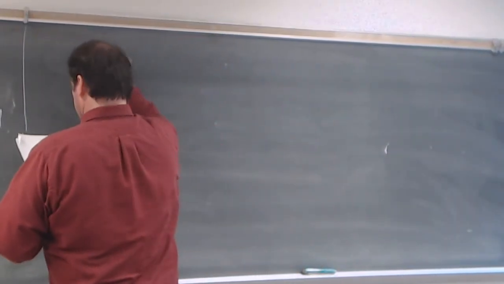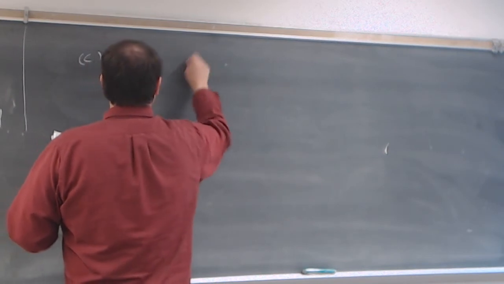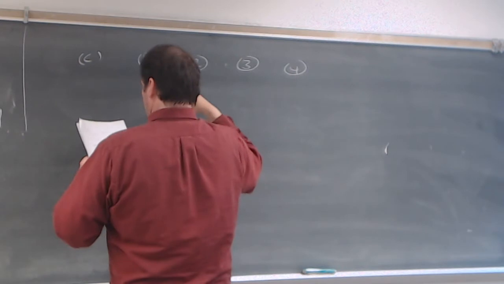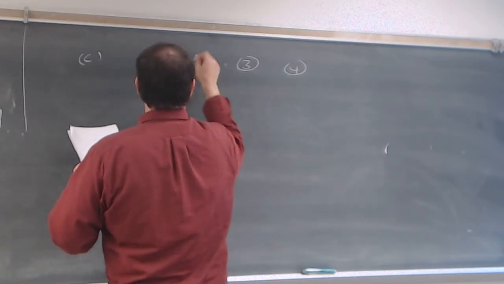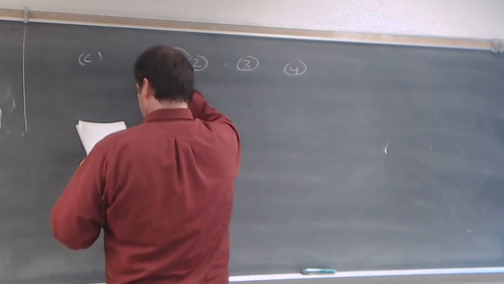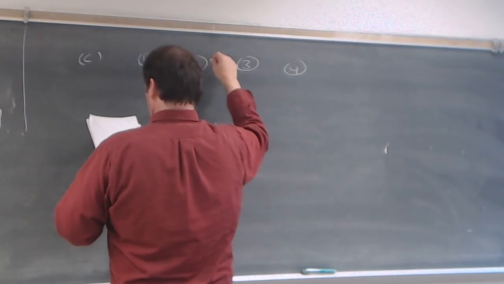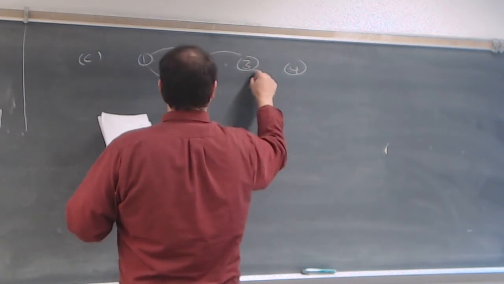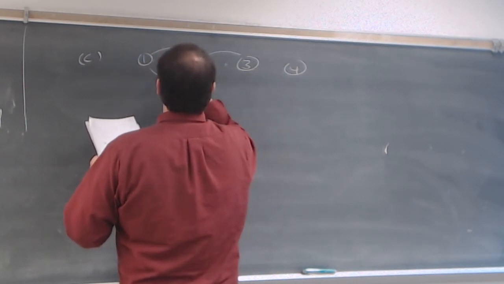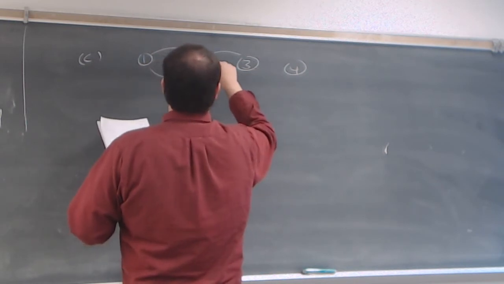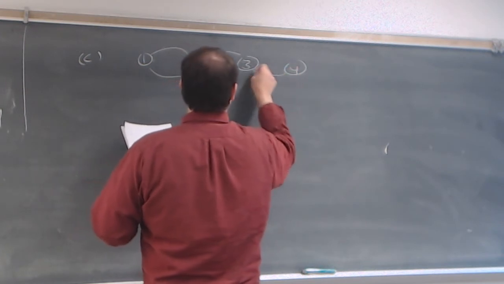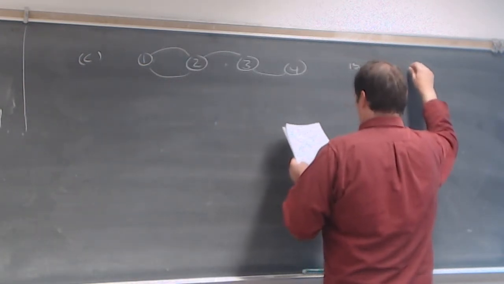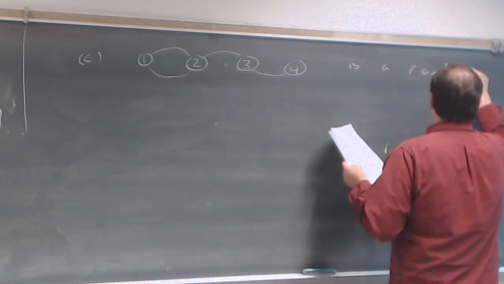Another example, if we have 1, 2, 3, 4, and 1 goes to 2, 2 goes to 1, 3 goes to 2, and 4 goes to 3. Think of it this way. This is a random graph that is connected.